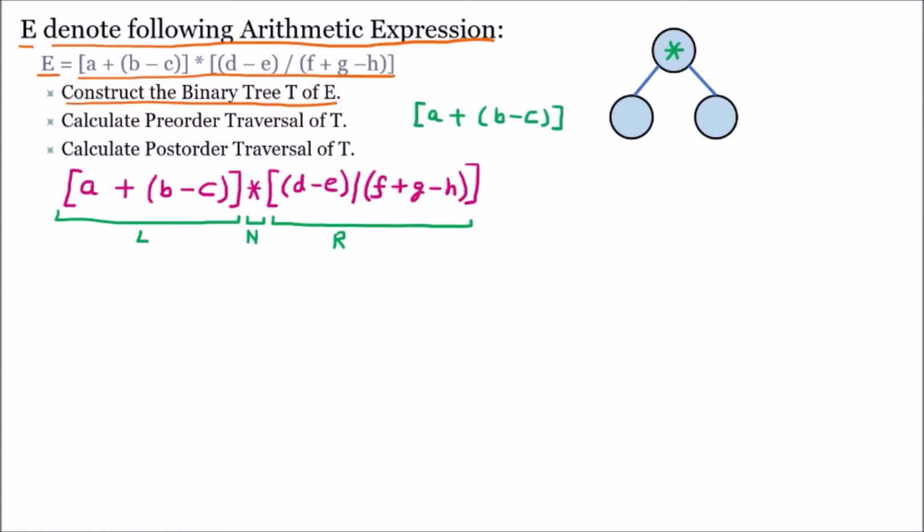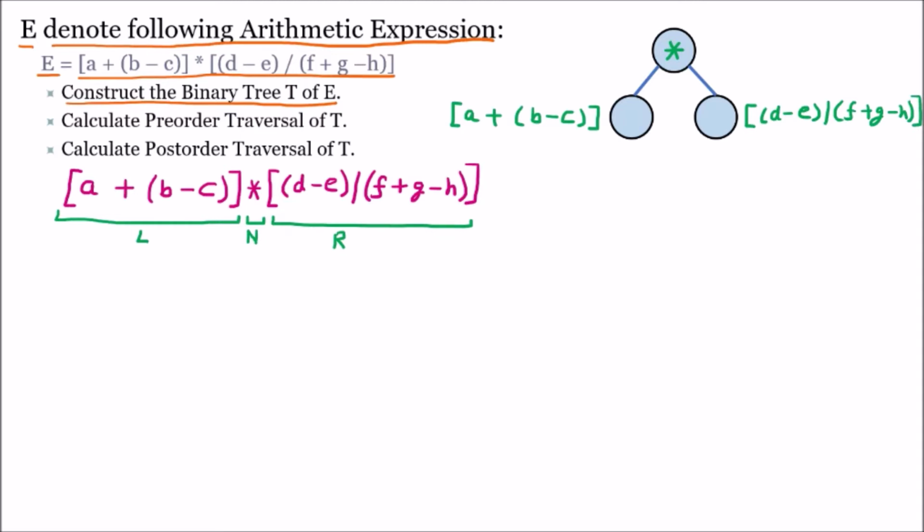So this is the left child. Talking about the right child, on the right we have D minus E, then again slash F plus G minus H. So this is how the left and the right child are going to be.